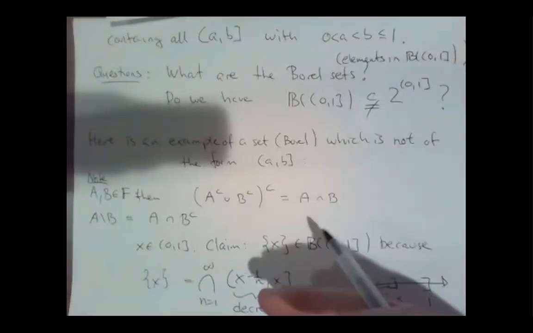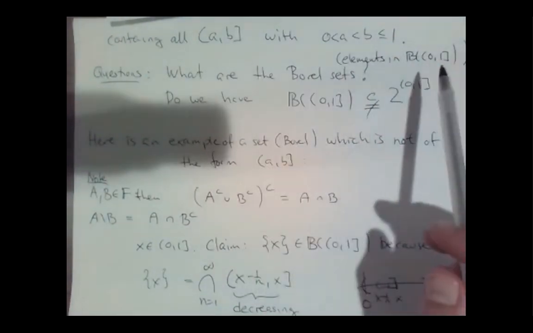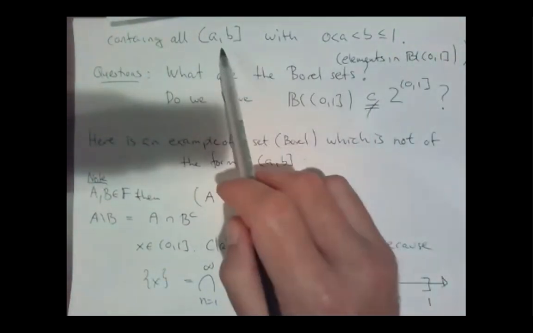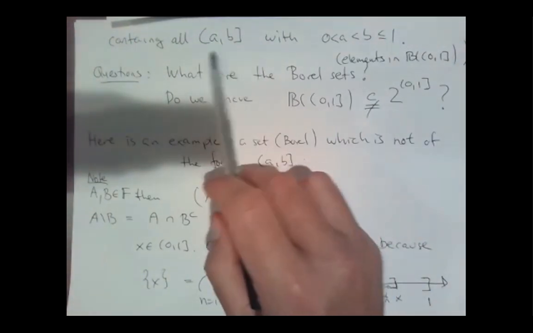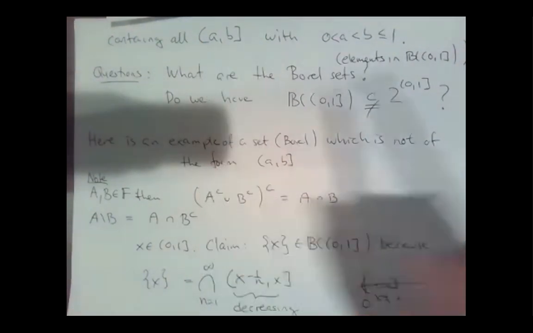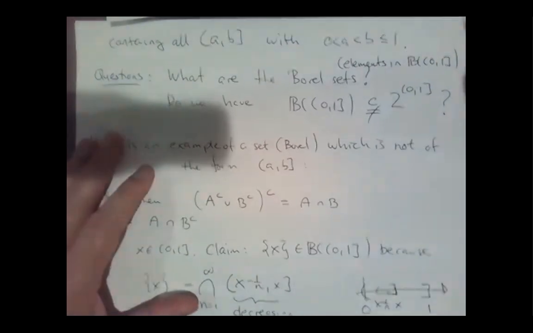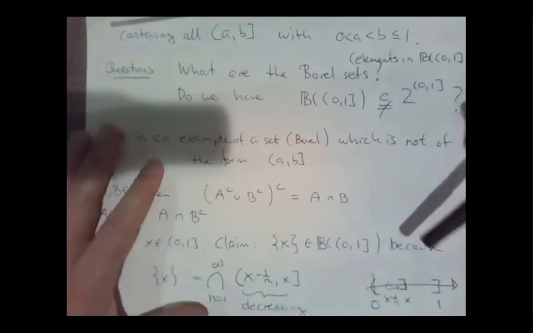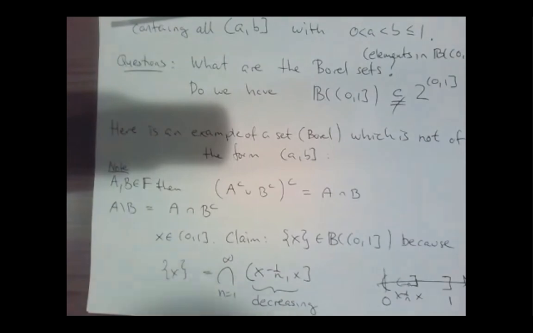And what this shows is that there are Borel sets that are not of this form. But the script B with the two lines means Borel sigma algebra? Yes. And the elements in the Borel sigma algebra are called Borel sets. That's correct. Okay. Yep.